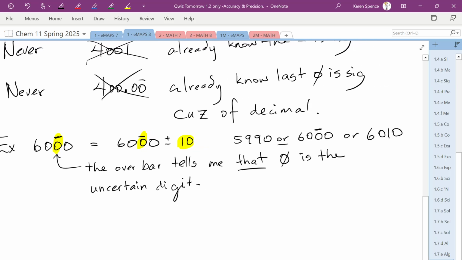In all of those cases, we have 1, 2, 3 sig figs, because remember, the uncertain digit is our last sig fig.